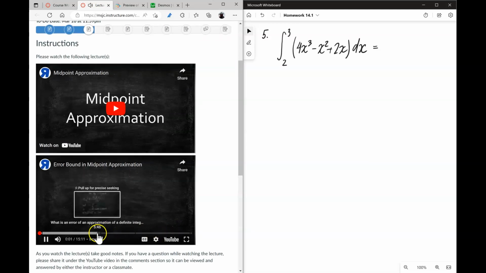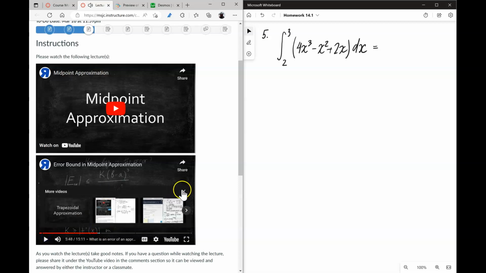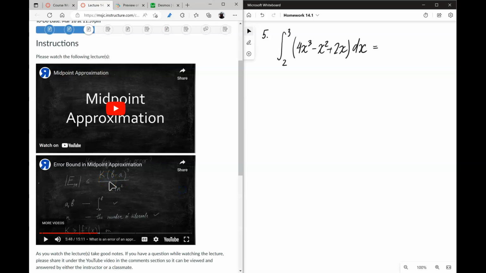And just to bring it in front of us, here's the formula. So the formula for the upper bound of the error in midpoint approximation is the following.